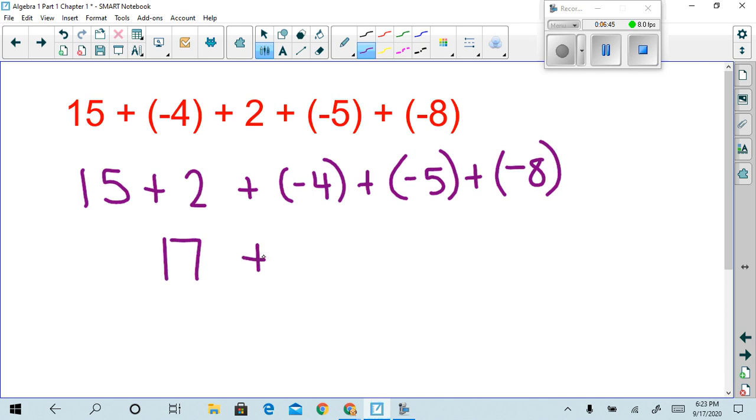I'm now going to take care of my negatives because they're the same sign. I've got negative 4 plus negative 5 plus negative 8 will give me a negative 17. And I end up where I started because I'm now adding something plus its opposite, or additive inverse, and I'm ending with 0 again.